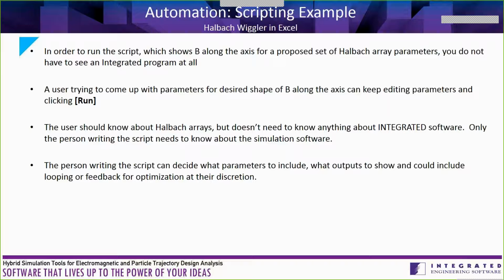So as mentioned, the user doesn't need to have advanced knowledge. They just need to know what they're looking for. Change the parameters, run the script. So you can expand greatly the usefulness of the software by having expert users create tools such as this.